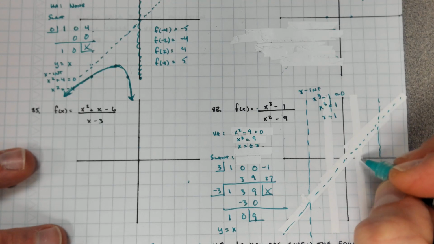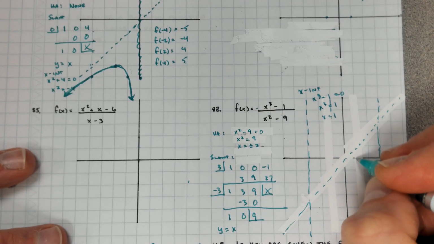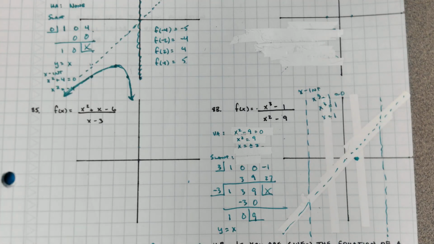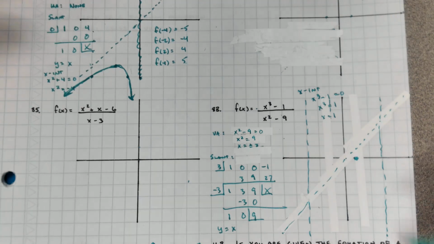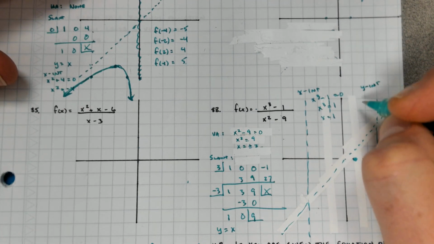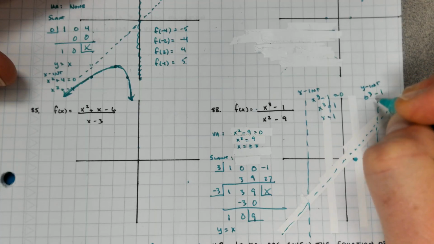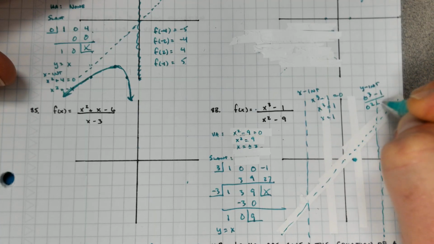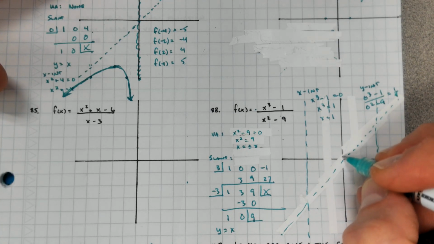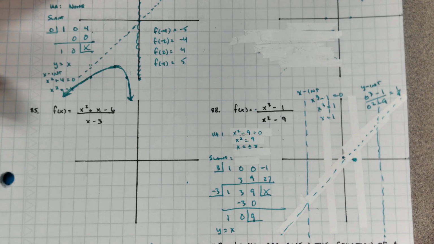So x equals 1 is going to give me an intercept right there. And I can find my y-intercept by plugging in 0 for x. So it's 0 cubed minus 1 over 0 squared minus 9. That's going to give me positive 1 over 9. So that's going to be tiny right there.